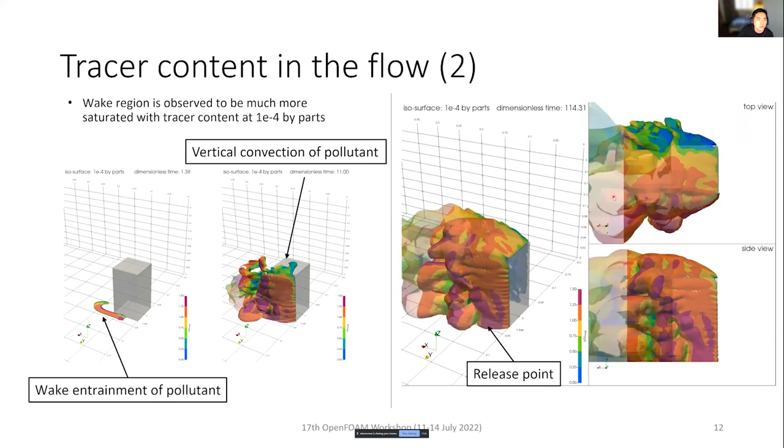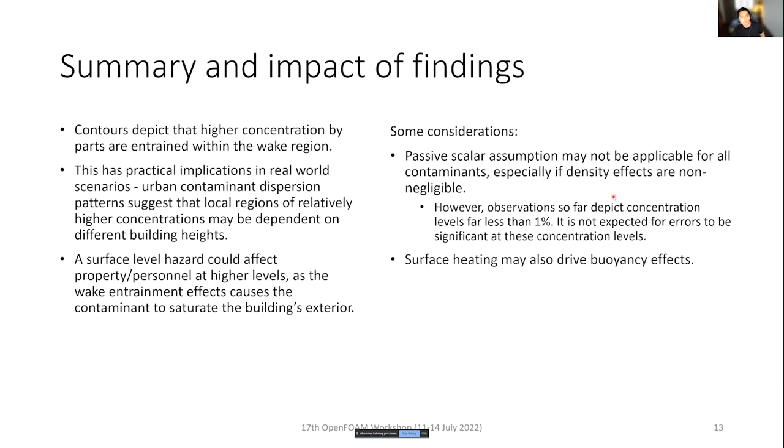Okay, so now the summary and impact of our findings. So the contours actually depict that high concentrations are entrained within the wake region. So of course you will expect that as the wake propagates downstream, we will see smaller and smaller contaminant concentration. And depending on what contaminant or pollutant you're looking at, this may not be a problem.